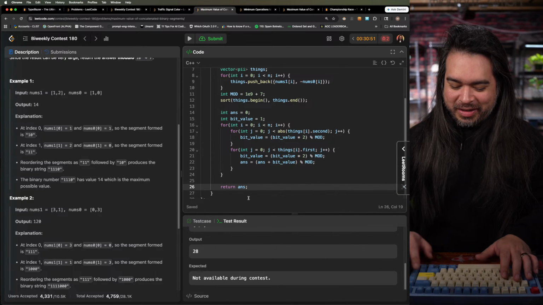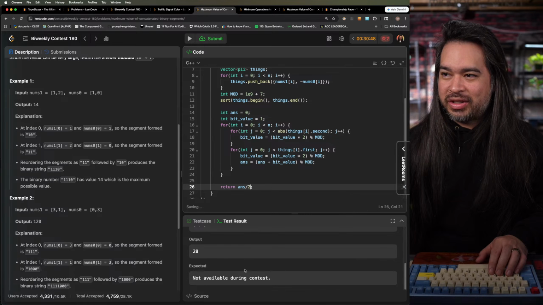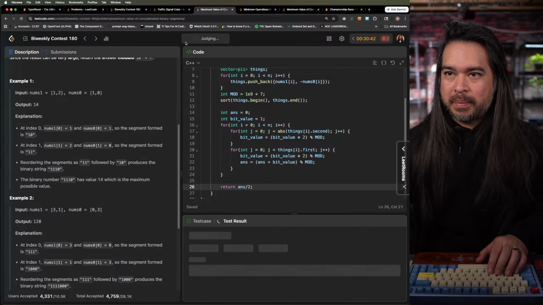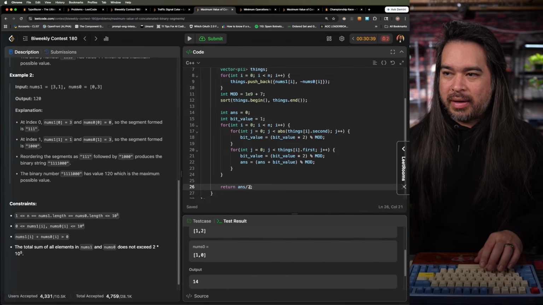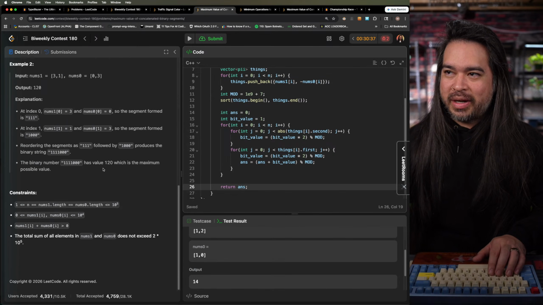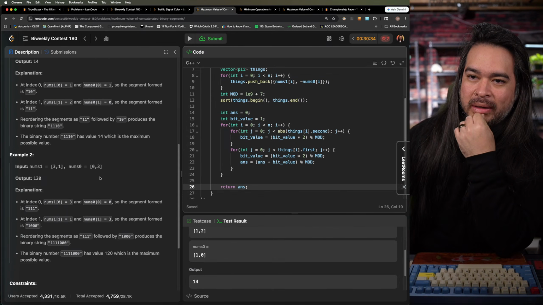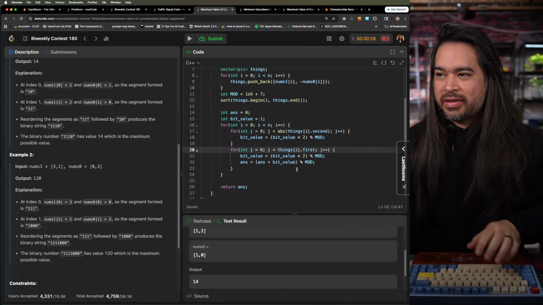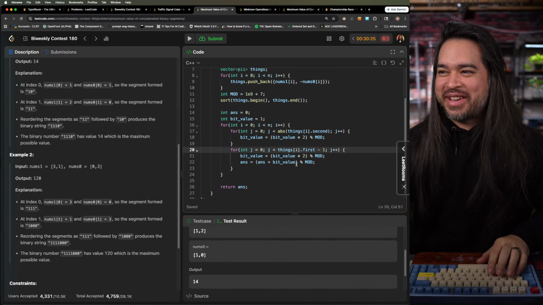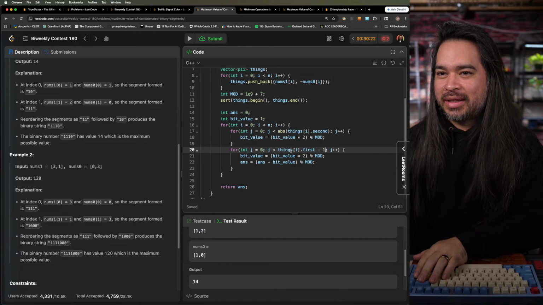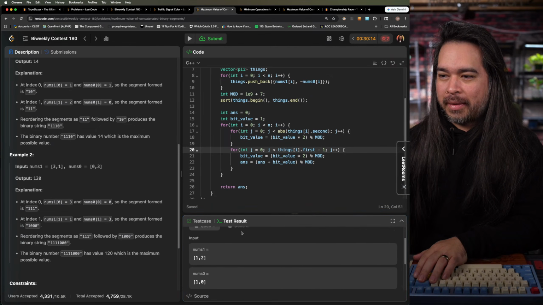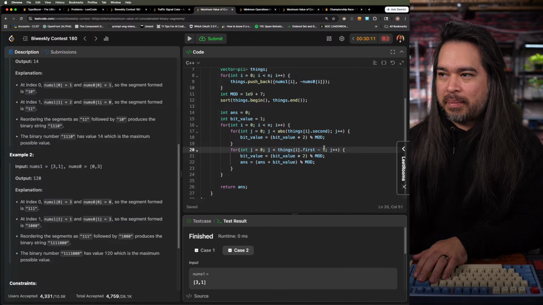Should I just return this divided by 2? That's not chill though, man, because what if it gets modded? I don't like that. I'd like to figure out why my thing is off. Should I just do something like that? No, that messed up everything.